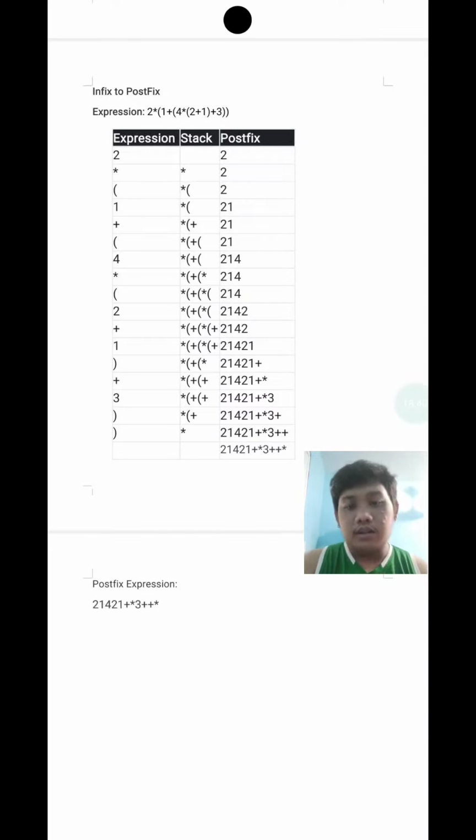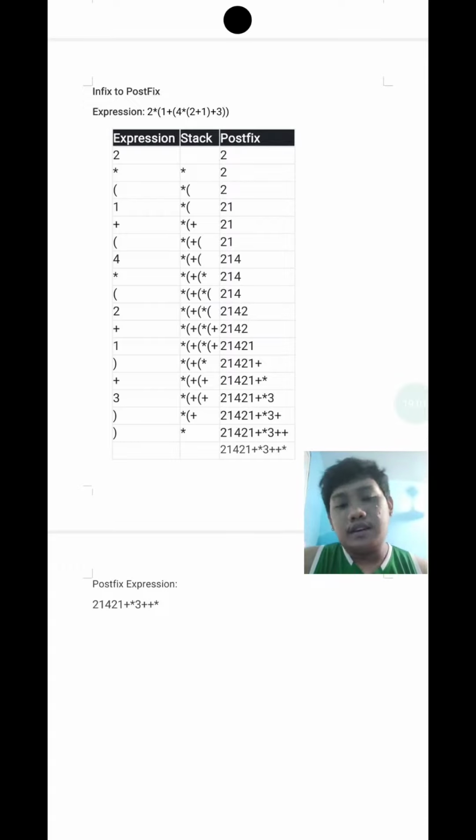Next is the character 1. Since it is an operand, it will be added to our output. Our output becomes 2, 1, 4, 2 and 1, and our stack is the same.